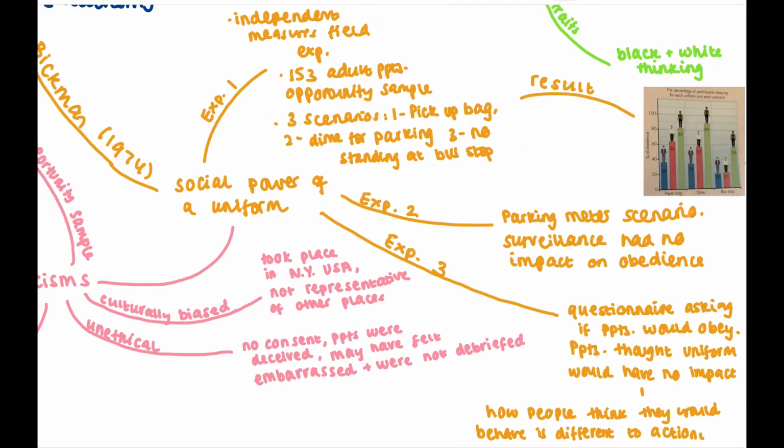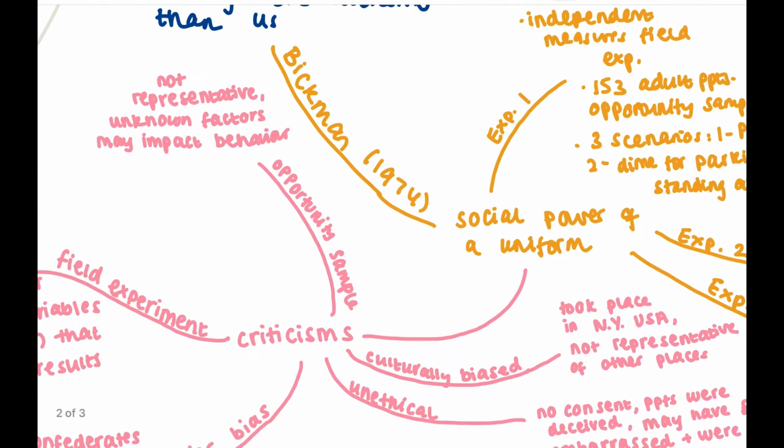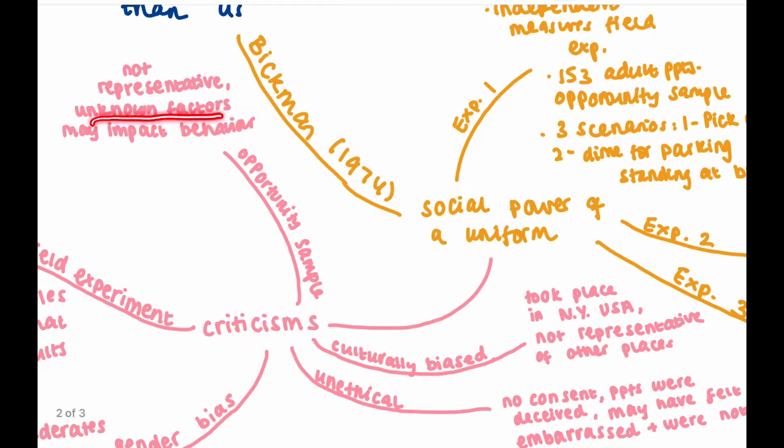Now, of course, along with all of the other topics, there are some criticisms that you need to know. Number 1, he used opportunity sampling. Now, although this is very easy and convenient, it does mean that you might not have a representative sample, so you cannot generalize the results, but also unknown factors might have impacted behaviour.